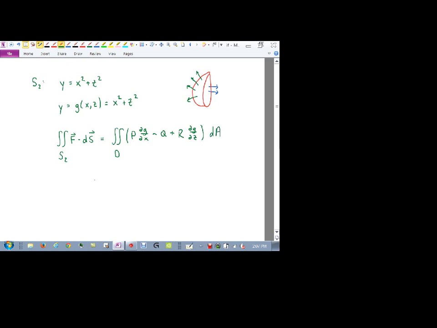All right, what's P? Wasn't it 0? So that kills off that first piece. What's negative Q? Negative y. And then we have plus R, which was negative z, wasn't it?